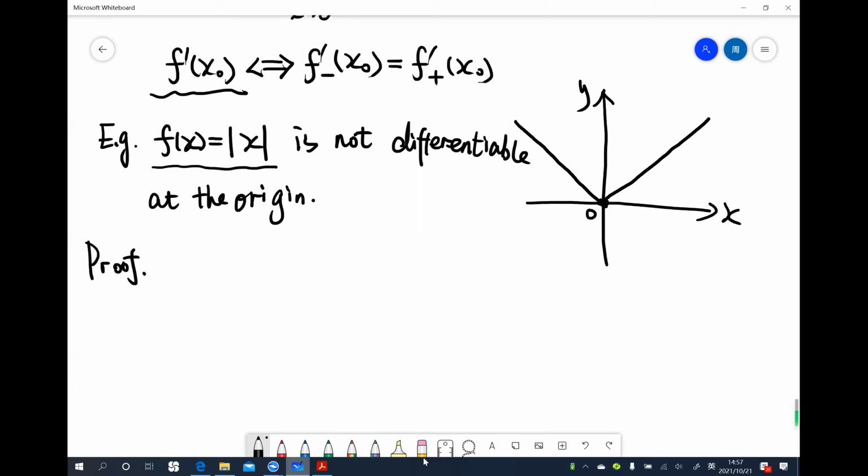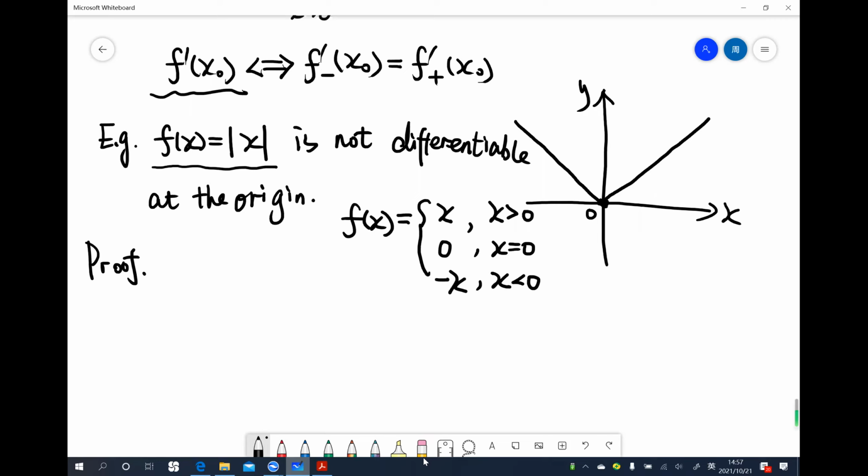As we know, I can write the function in these three parts. If x is larger than 0, it equals x. If x equals 0, it equals 0. And if x is smaller than 0, it is minus x.